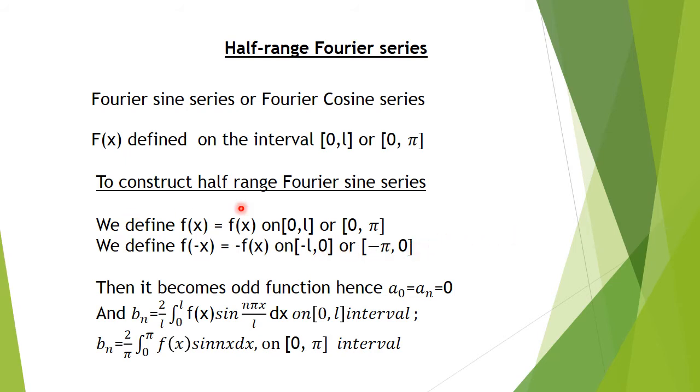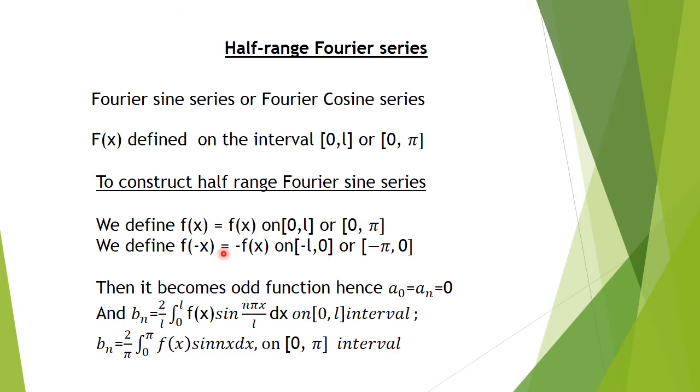So on the left of this interval, you define f of minus x as minus f of x, so that with this definition f of x becomes an odd function.